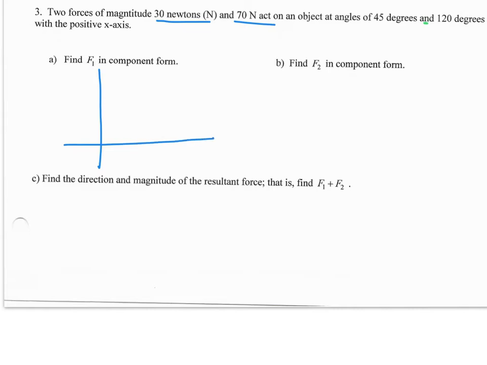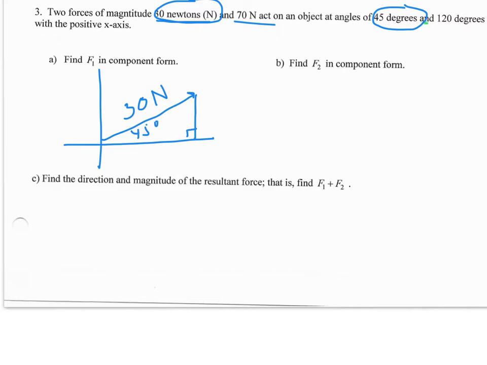So let's do the first one first. So the 30 Newton one will go with the 45 degrees. Okay, so 45 degrees would be in the first quadrant, 45 degrees. Okay, 30 newtons goes on the hypotenuse. And again, let's not get all physicsy. We don't need to break anything down with the newtons. And then if I want to do F1, force 1, in component form, well, I can just drop my right triangle there.